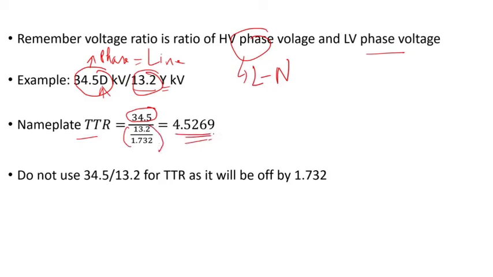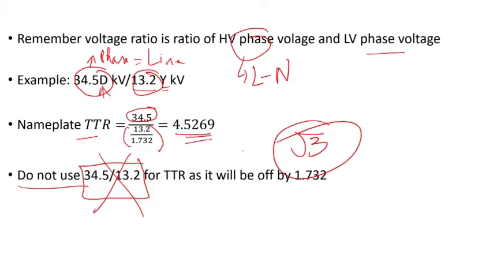So the ratio is 4.526. You do not want to take 34.5 divided by 13.2. This here would be incorrect, because you're going to be off by square root of 3. So always take the phase voltage.